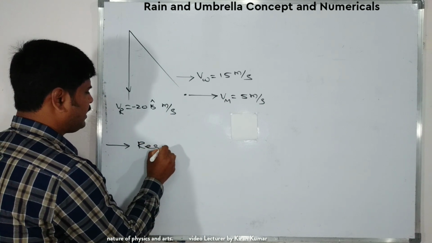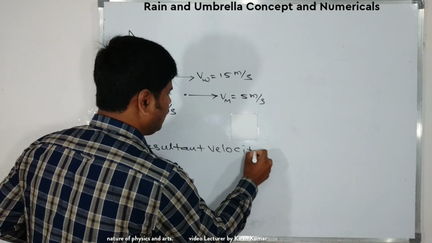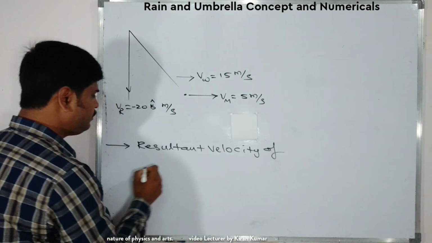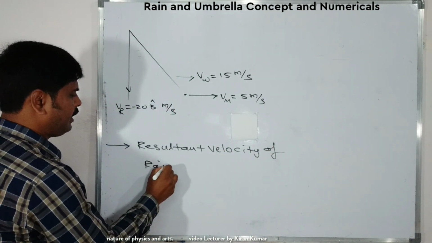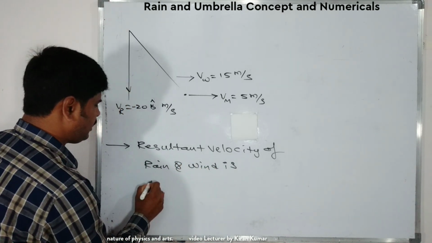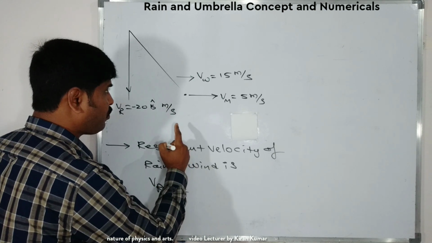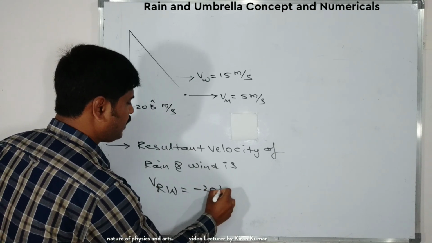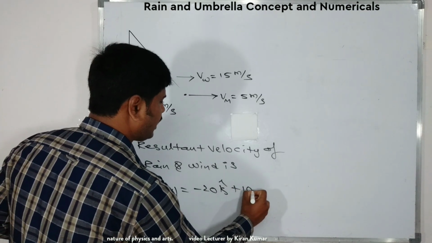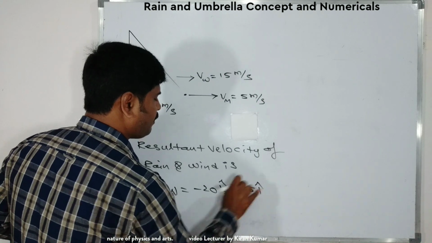So, the resultant velocity of rain and wind is, that is VRW, which is equal to minus 20 k cap plus 15 i cap.